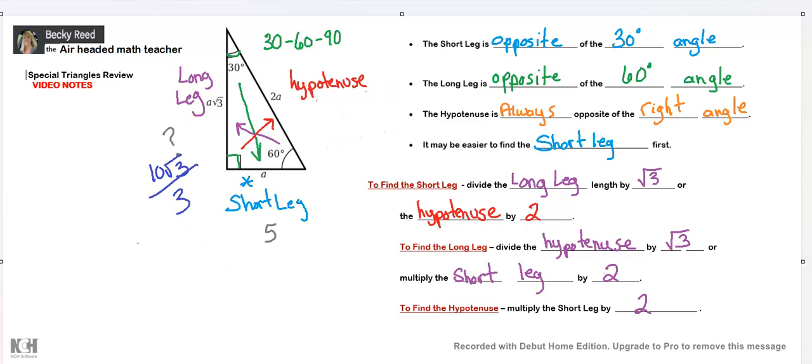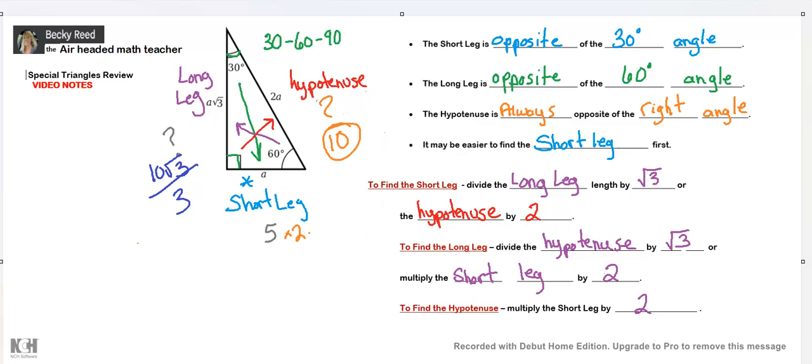All right. Okie doke. So now what if we did not know the hypotenuse? You could simply multiply the short leg by 2. So 5 times 2 would give us 10. That would be easy peasy.